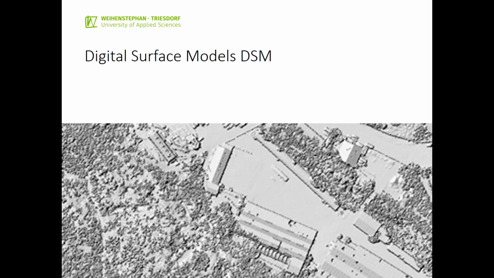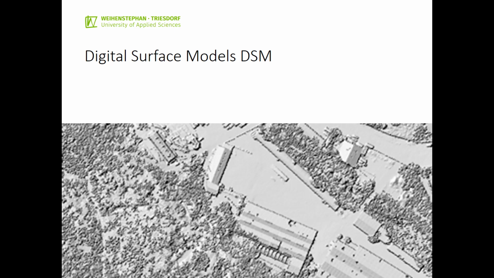Finally, last not least, another type of terrain data is if we also have the trees, buildings, cars, people still in our model. That's the raw material from a laser scanning flight, for example. Then we talk about a digital surface model.